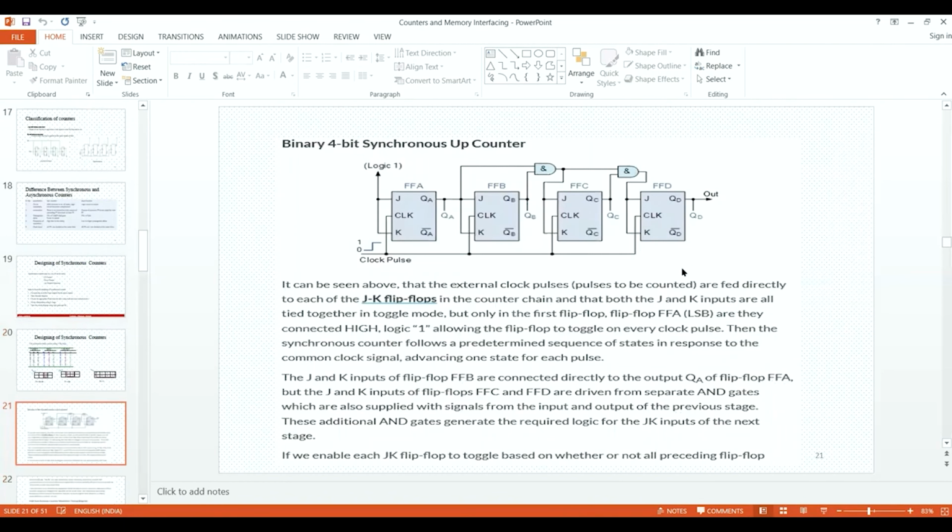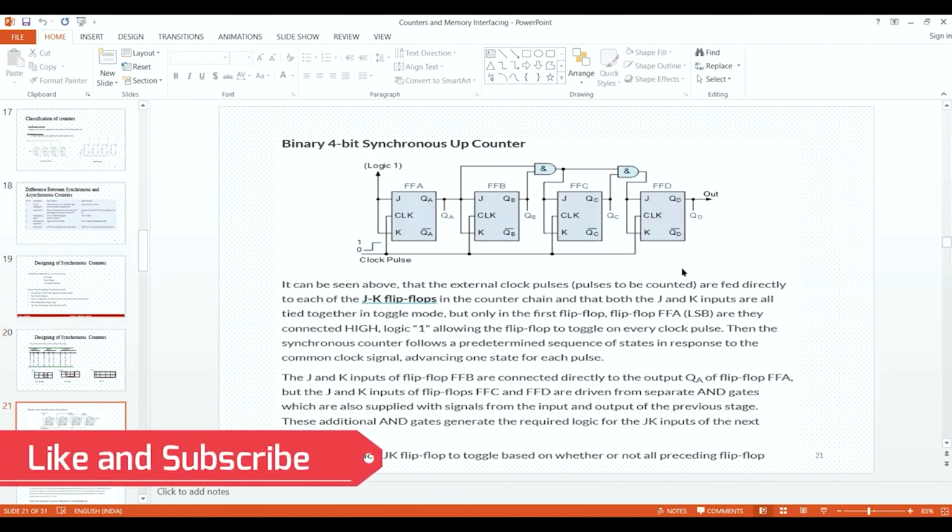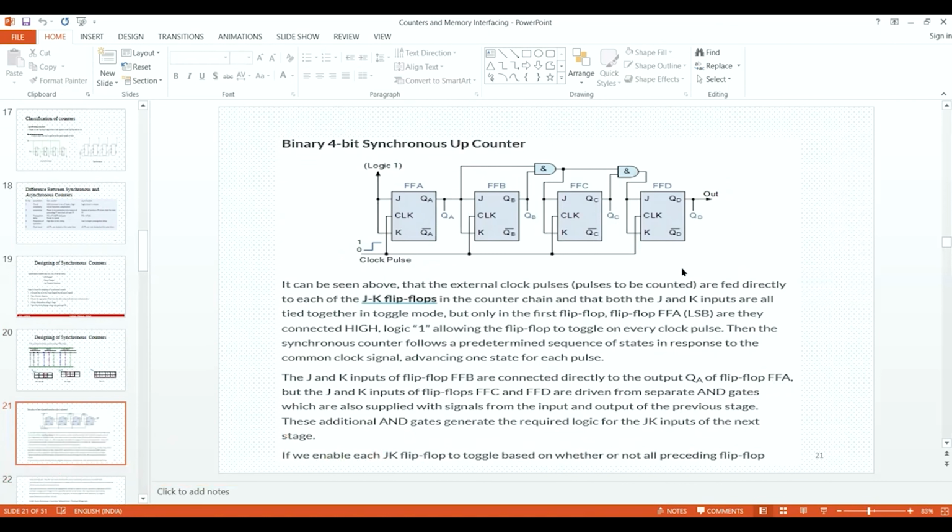So when we talk about binary 4-bit synchronous up counters, when it is synchronous 4-bit, we are going to use 4 flip-flops, that is fixed. Synchronous means we are going to use a clock pulse, and we are providing it over here, and a different combination or delay we can provide.